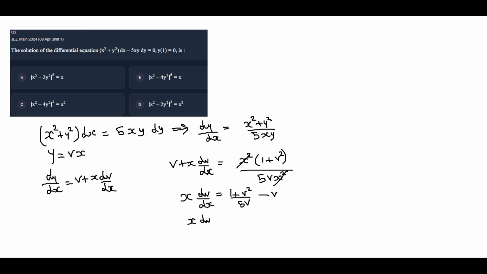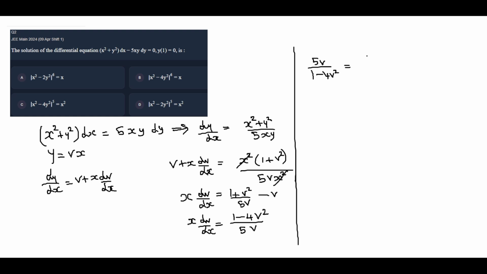So x dv by dx equal to, taking the LCM and simplifying, (1 minus 4v square) by 5v. Now just cross multiply, so 5v by (1 minus 4v square) is equal to dx by x.